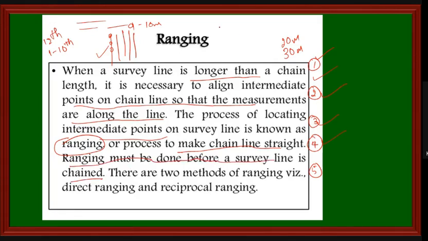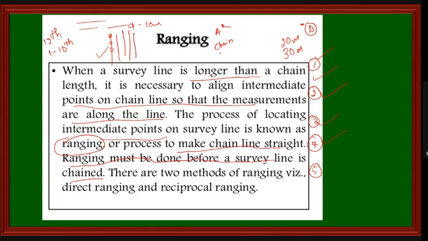See, this is my A point and this is my B point. Now I will explain how the ranging is done. This is my A station, B station. I have a chain. Initially I will go for the smaller number.